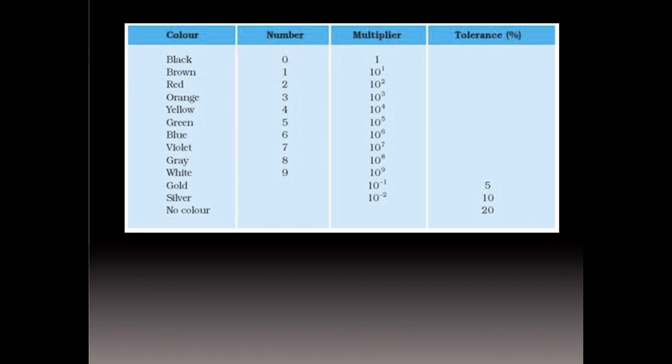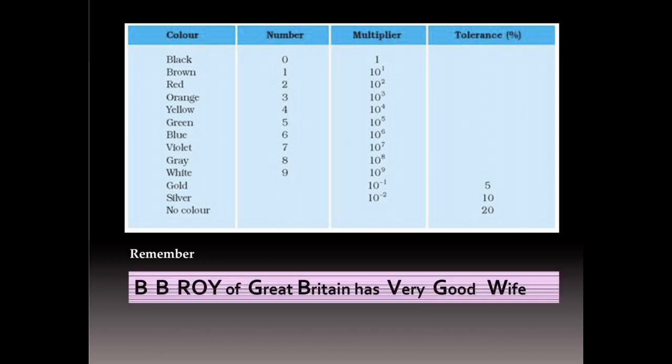To remember the color coding, we use one slang. We use this statement: B.B. Roy of Great Britain has very good wife. Till this point we remember B black, B brown, R red, O orange, Y yellow, G green, B blue, V violet, G grey, W white.